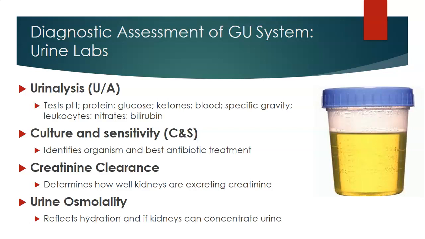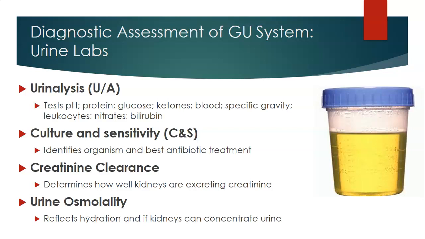Creatinine clearance is also called a 24-hour urine, so you might see that. That's a real big pain in the bottom to collect, it has to stay on ice, everything like that. It ultimately determines how well kidneys are excreting creatinine. Normal creatinine clearance is going to be 15 to 25 milligrams per kilogram of body weight within 24 hours.